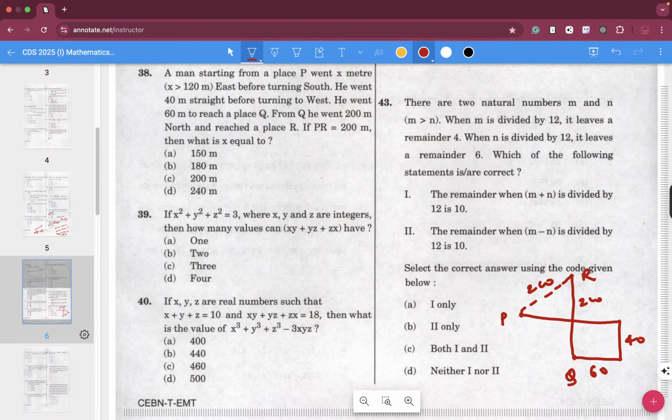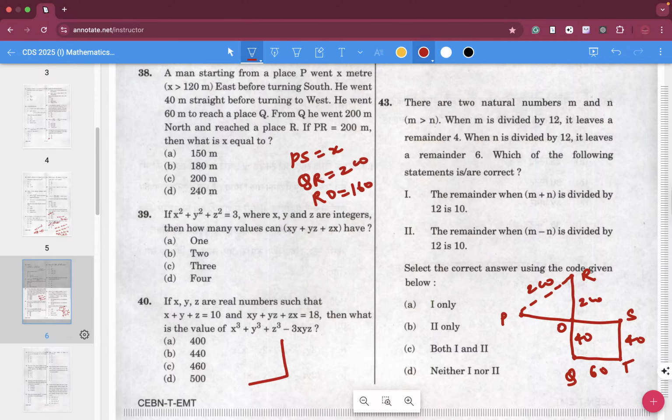So I'm calling it like P, Q, R, S, T. They have given PS is equal to x. Now QO value will also be 40. QR value is equal to 200, so RO value will be 160, isn't it?